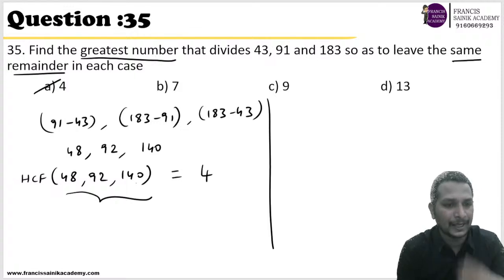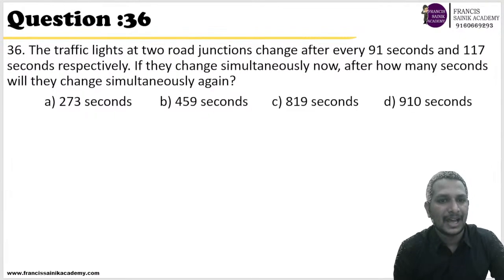Next, come to the next question. Traffic lights at two road junctions change simultaneously. After how many seconds will they change simultaneously?